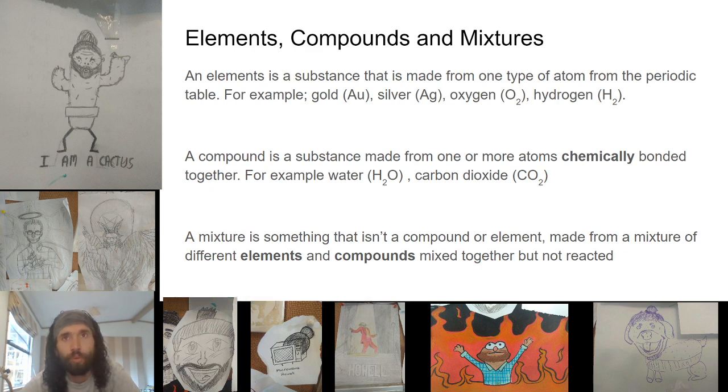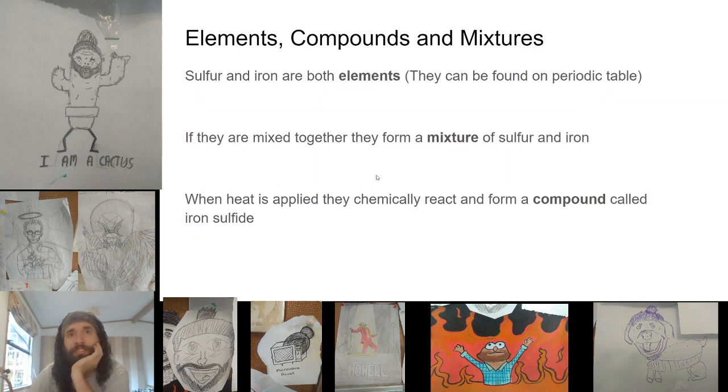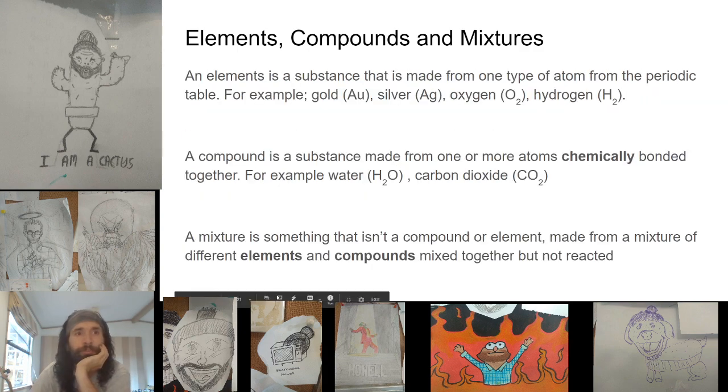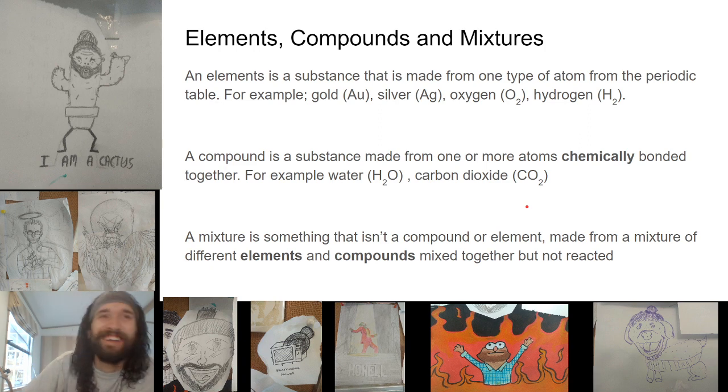For example, water or carbon dioxide. Water has hydrogen atoms, that's the H's, and oxygen atoms bonded together, so it's a compound. Carbon dioxide has carbon and oxygen atoms bonded together, so it's also a compound.